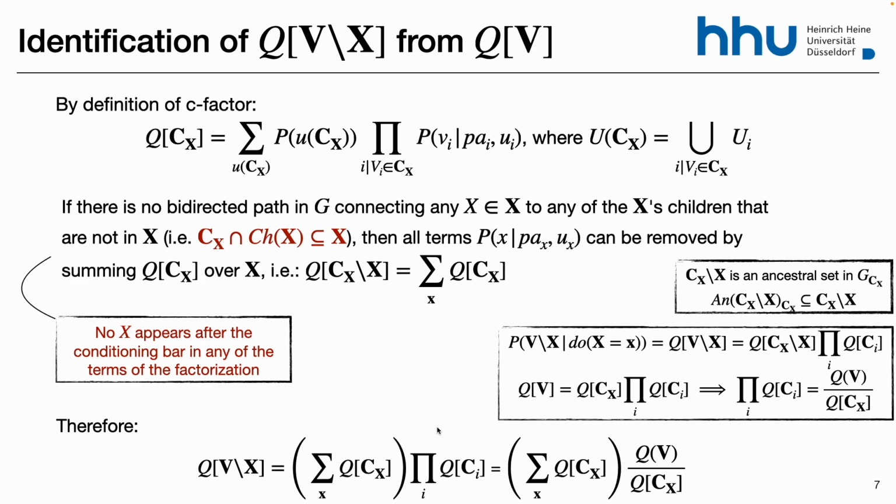So I replace the product with the fraction. This was in the previous slide. I'm just doing some algebraic manipulations and showing that the QV minus X now depends only on the QCX. So we now can work on with this expression here.